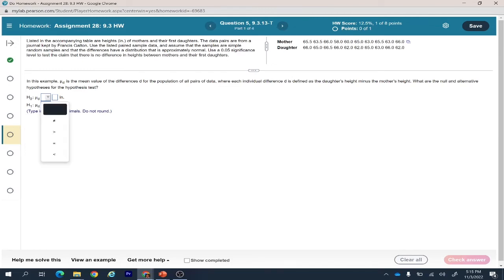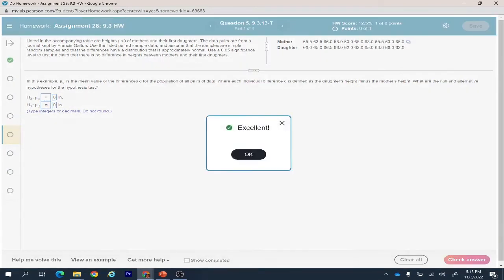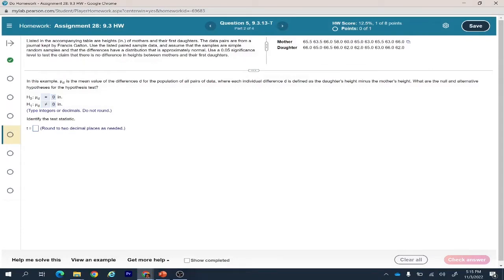So we want to check this null hypothesis, which is that the mean difference is 0, no difference. And then our claim is, look here, there is no difference in the height between mother and first daughter. That's our null hypothesis. So that's the claim. So the opposite of this is not equal to 0. Okay, so that's the alternative.